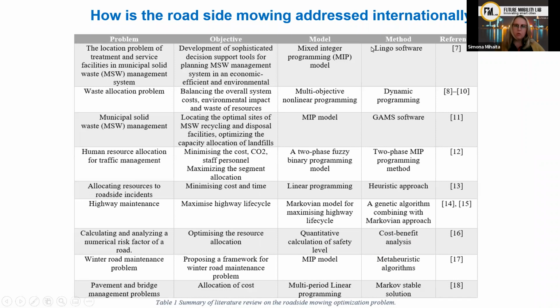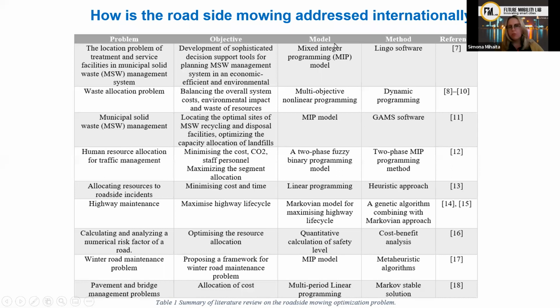So when it actually comes to how the roadside is done around the world, you have probably, in case you don't remember, there are quite a few studies that are tackling similar kind of issues around the world. So either we're talking about municipal solid waste and systems to actually manage this type of waste.